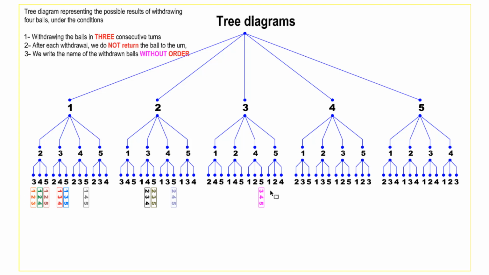So these 10 sequences have been derived under these conditions: 3 consecutive turns of withdrawal, and now we have 3 symbols in it, and no replacement of any object, and no order. So if we have 1 to 3 or 3 to 1, they are going to be counted only once. Now let's see the number of sequences that have been generated.